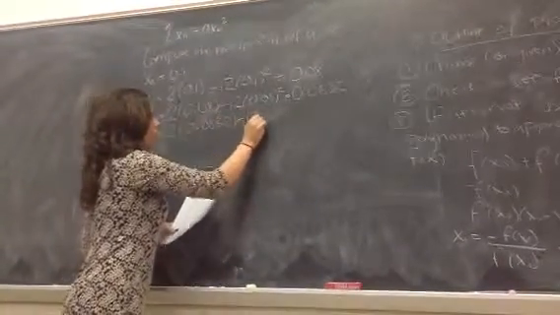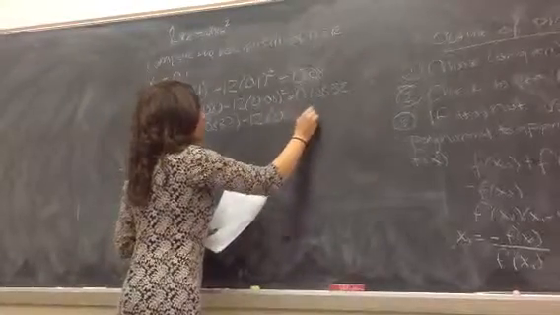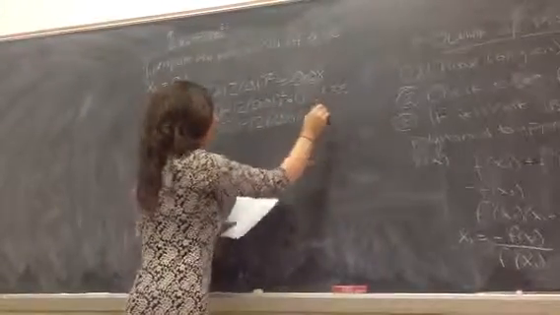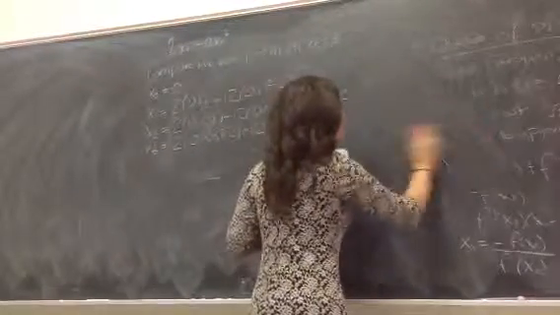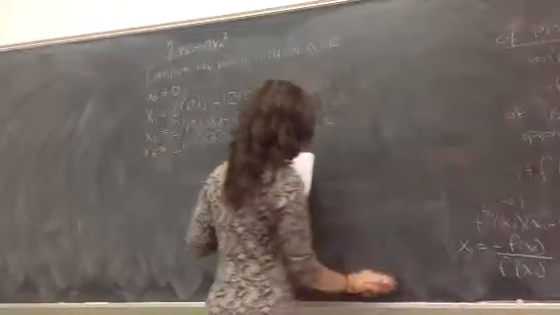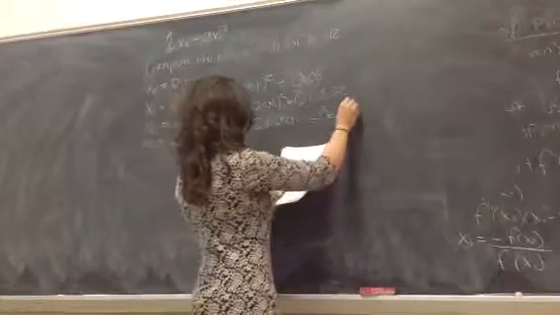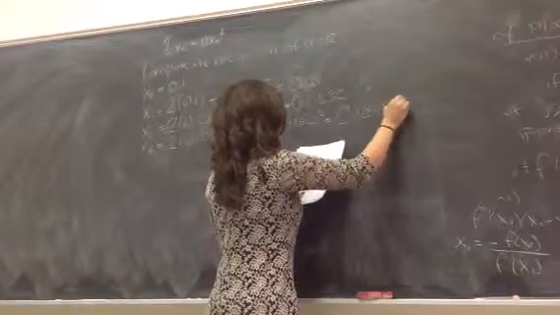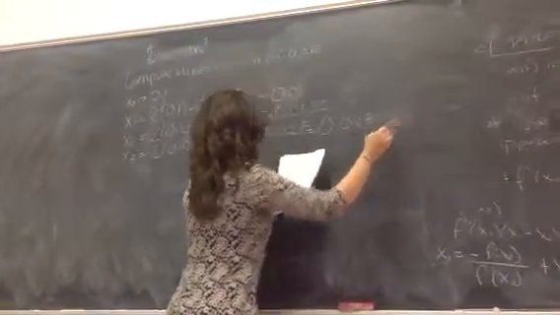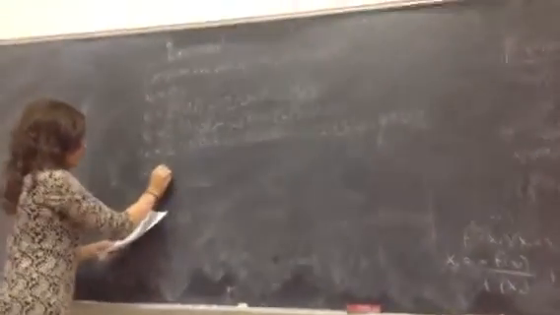0.0832 minus 12, and then this gives 2. Then we'll keep going for a few more iterations.